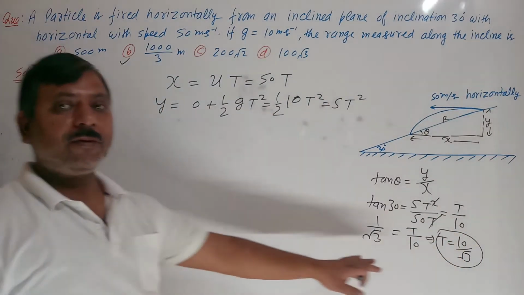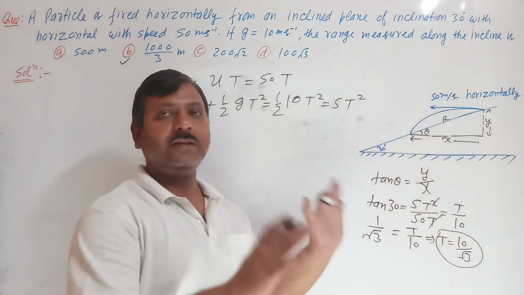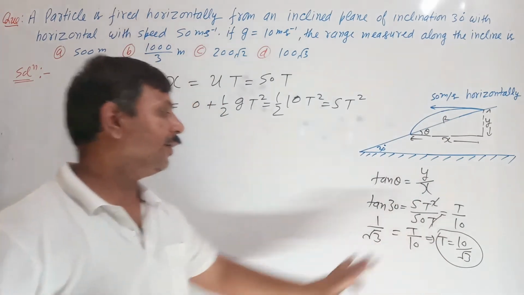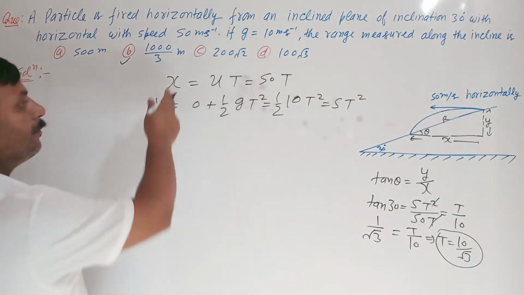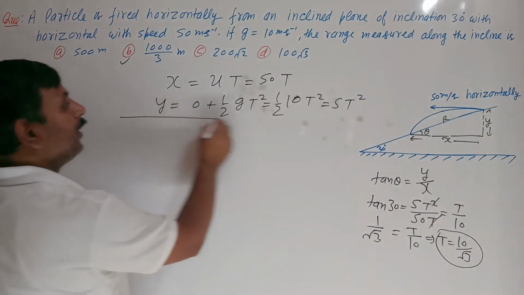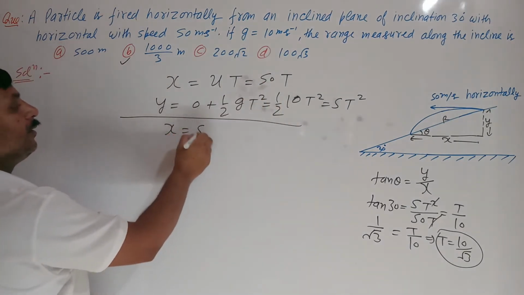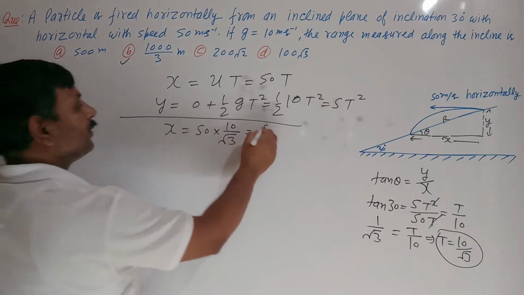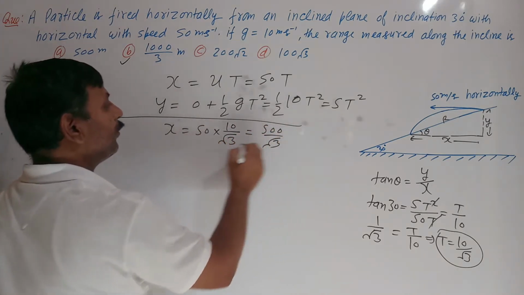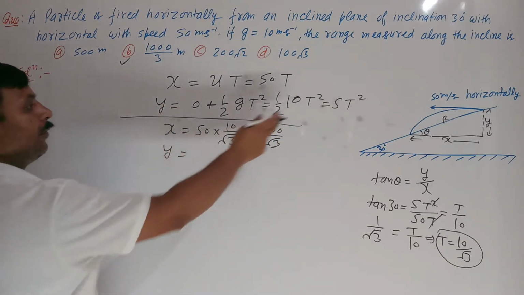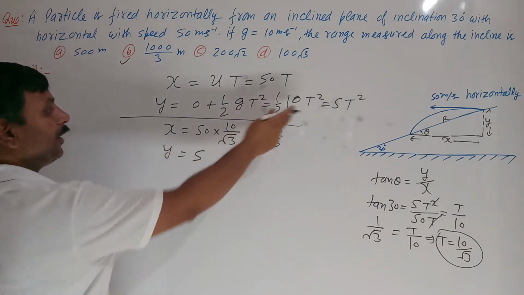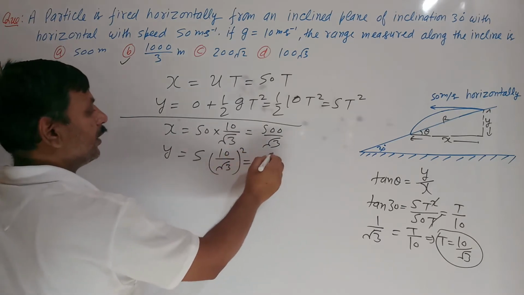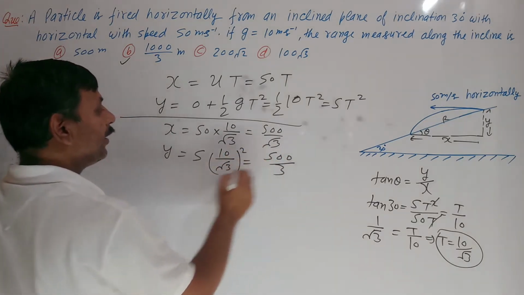So I have found the time of flight by only geometrical method. Geometrically we have done t is equal to 10 upon root 3. If you want to find the horizontal displacement, 50 into 10 upon root 3, that is 500 upon root 3. Vertical 5t square, so that is 500 upon 3.